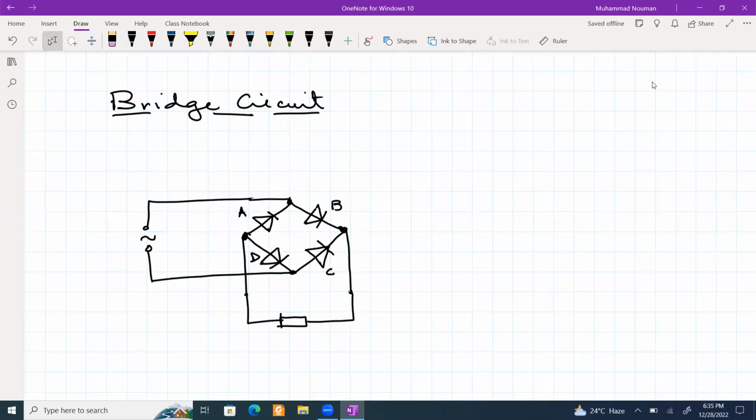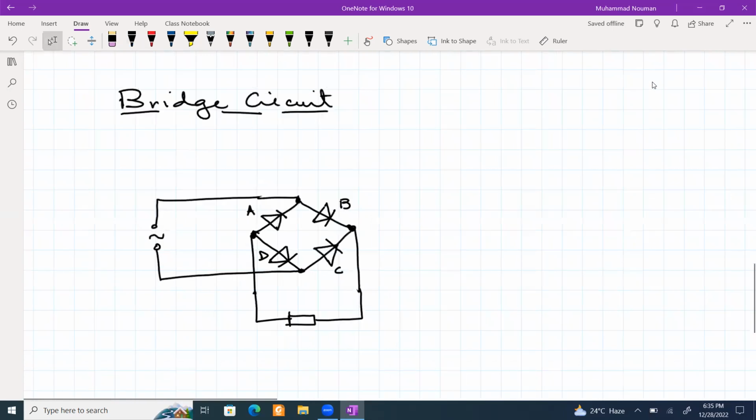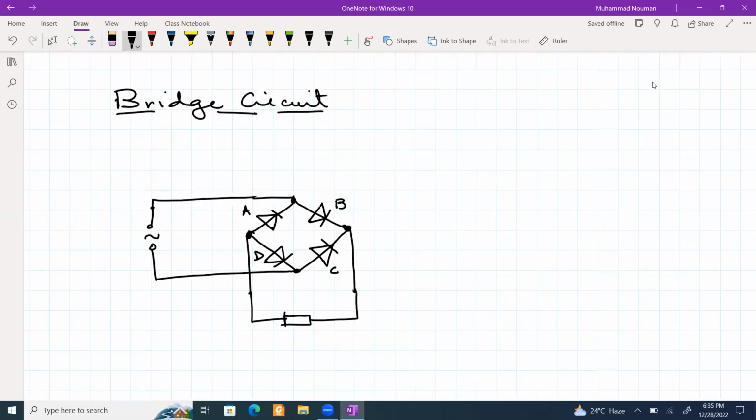Anyways, first of all, let's talk about the input voltage that we provide. Suppose I connect here a CRO, cathode ray oscilloscope, that will show me the input waveform.